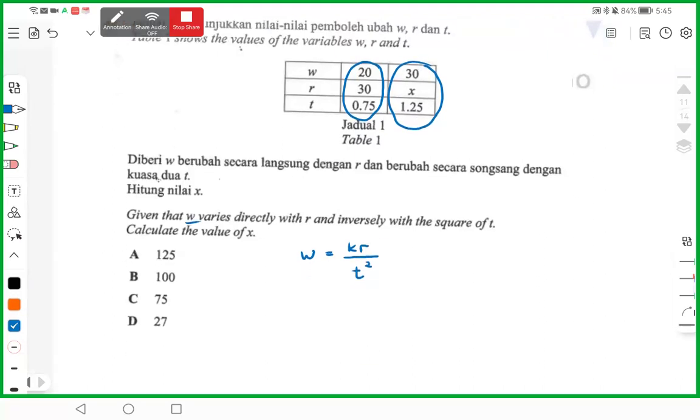So to find the value of k, substitute 20, 30, and 0.75 squared. So if there's a fraction at the back, we move to the other side, then we just flip over. Meaning 20 times 0.75 square over 30.